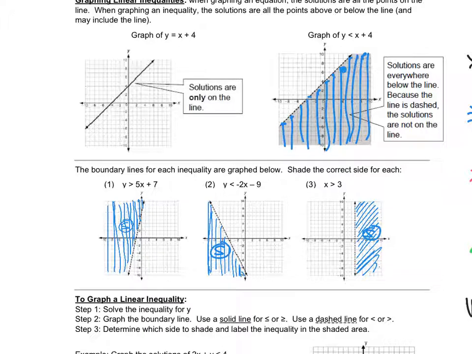Is 0 greater than 7? No, so that would be false. So wherever 0, 0 is, I would not shade that area because that's not a true statement. I would shade the other area, because if it's not here, then it has to be there. All right, but that's mechanical. I feel like this is an easier way to go about it. That's why I'm kind of glossing over that technique.